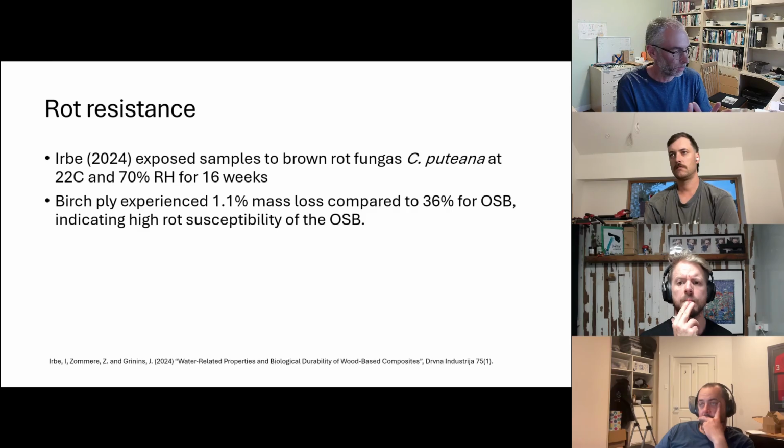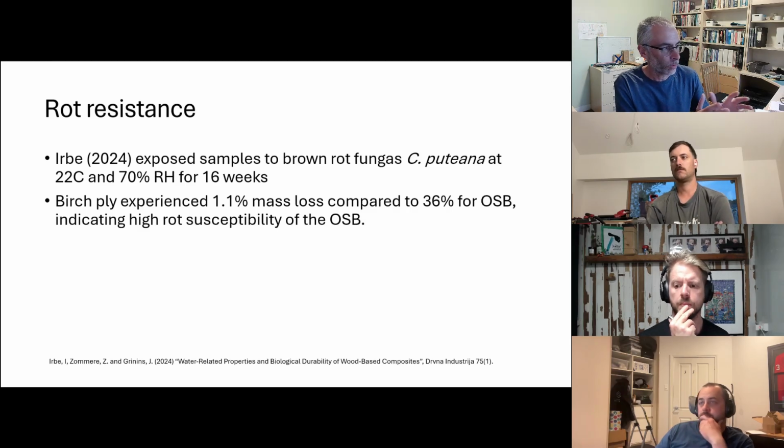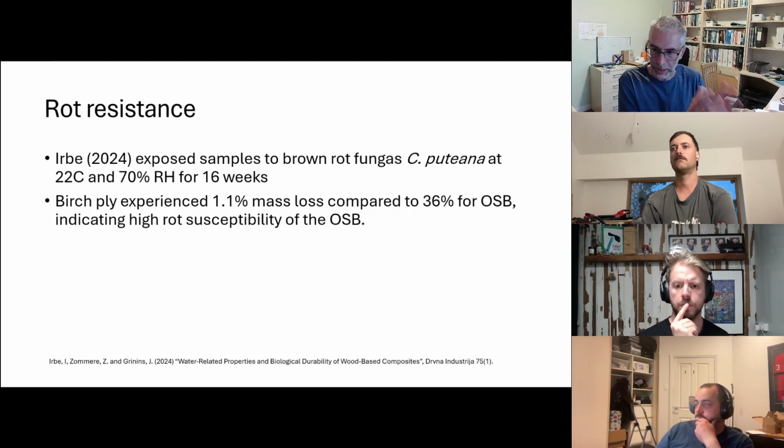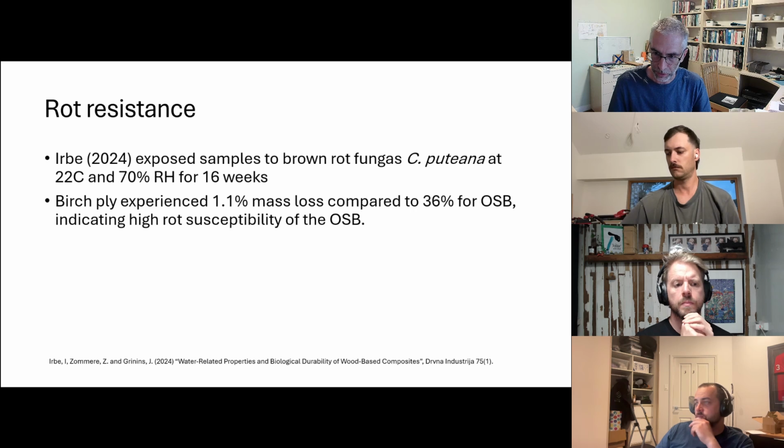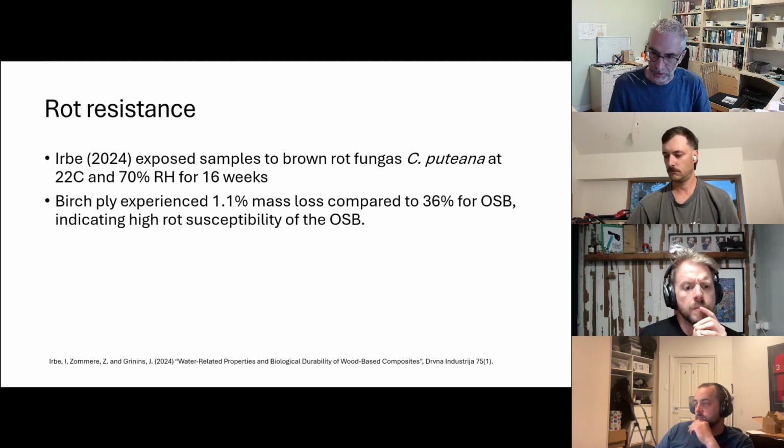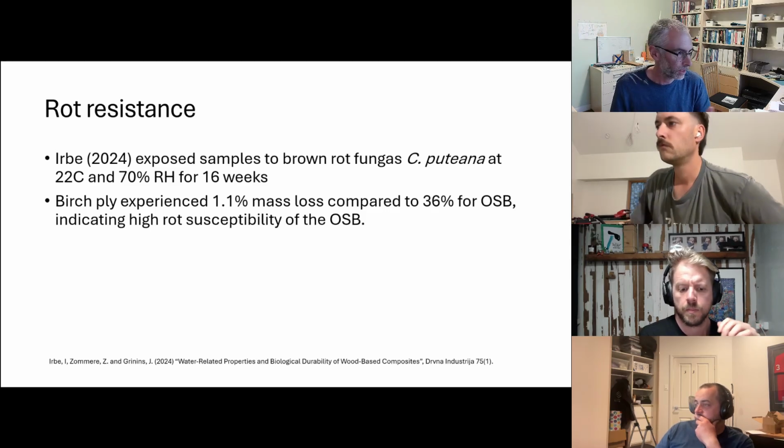And I haven't talked about timber species. And then finally, rot resistance. Rot, again, is a fungus-related thing. There's very little out there on this, it seems, from looking at rot of ply versus OSB. One study I found was from Latvia, I think. Again, they exposed some ply and OSB samples to a rot fungus.